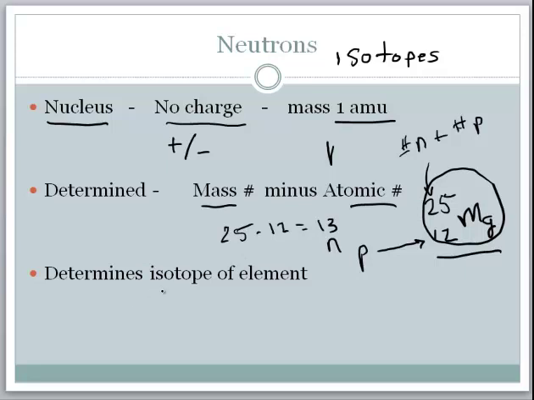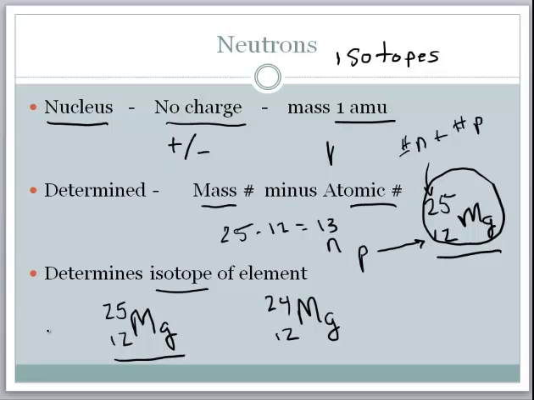Again, we said the number of neutrons is going to determine what isotope you're talking about. So for example, we might have 2 different magnesium atoms: magnesium 25 and magnesium 24. This isotope would have 12 protons, 13 neutrons.